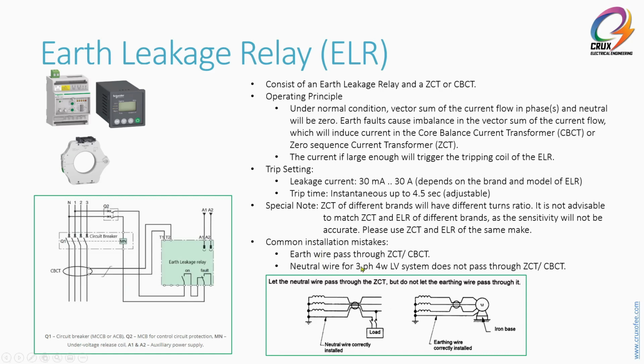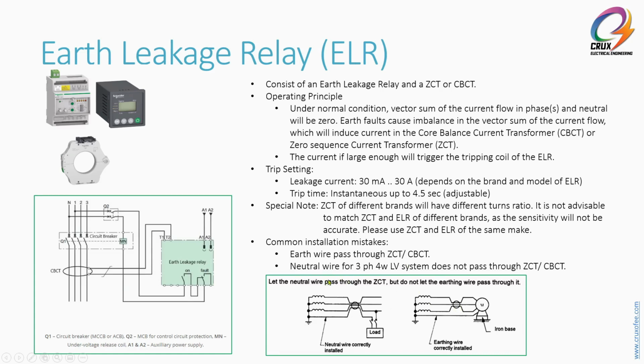So some of the common installation mistakes is that earth wires are passed through the ZCT, like this. In this case, the earth wire should not pass through, but some people just pass it through. So especially be really careful when doing high voltage cable termination for a 3-core. You must remember that the screen wire and the earthing wire from that termination must not pass through the core balance CT.